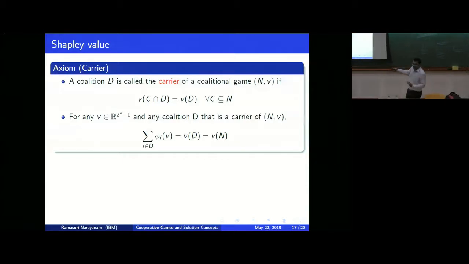Now how do we define the dummy players? Consider the cooperative game instance N comma v.